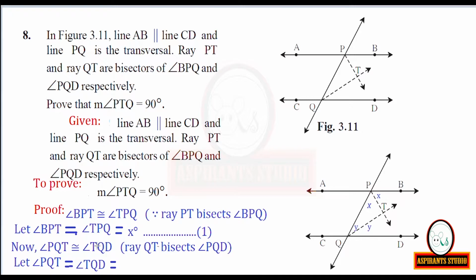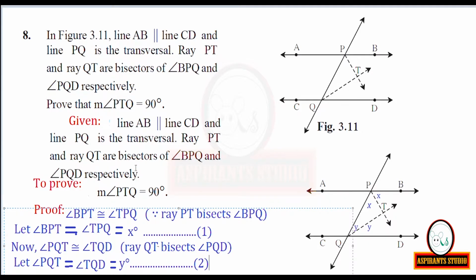Now look at the figure. Measure of angle PQT is equal to measure of angle TQD is equal to y degrees. I marked this in the second figure. Now we have from the first equation measure of angle BPT is equal to measure of angle TPQ is equal to x degrees.